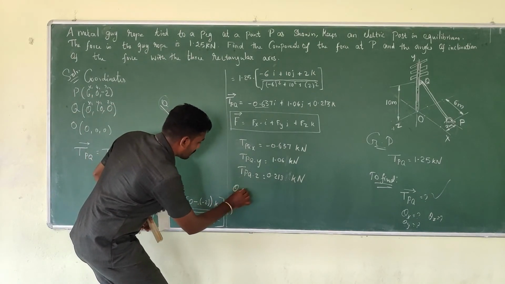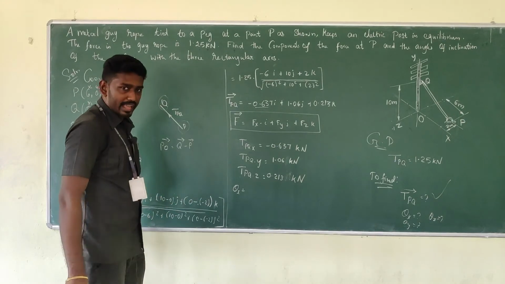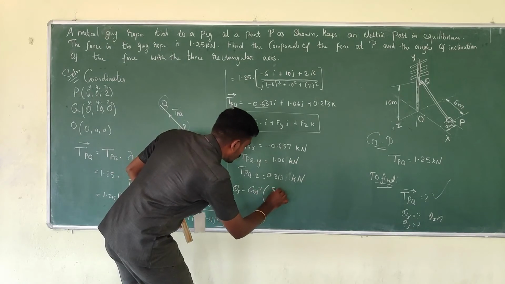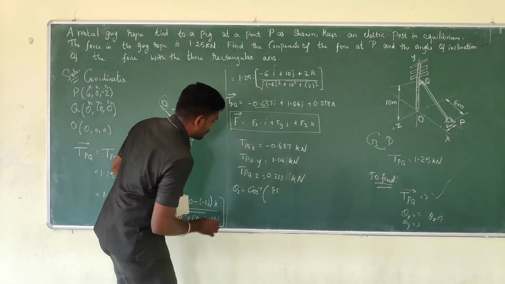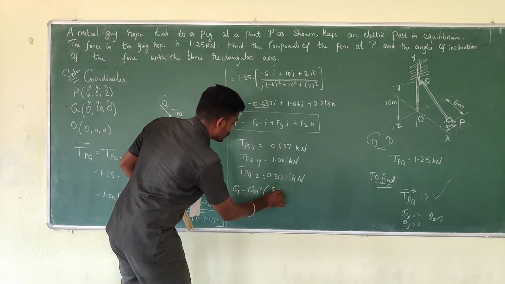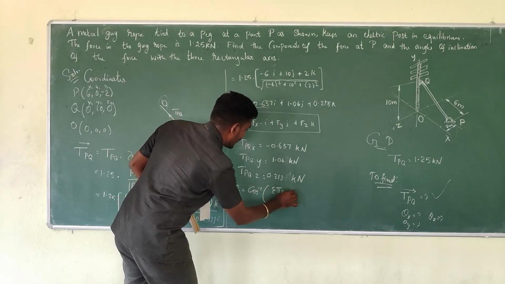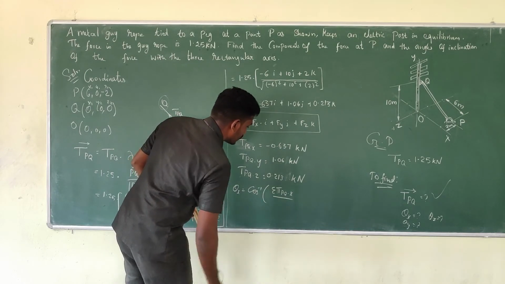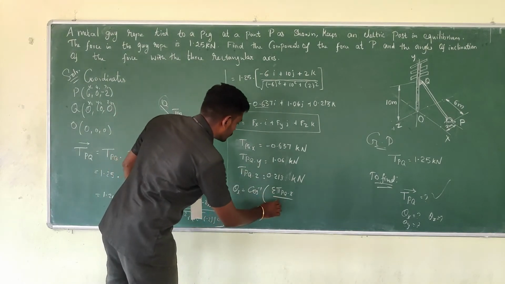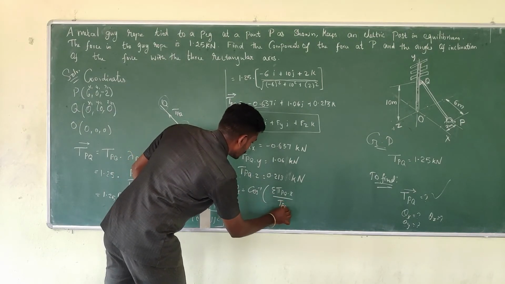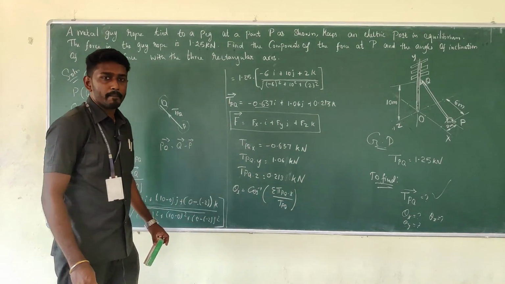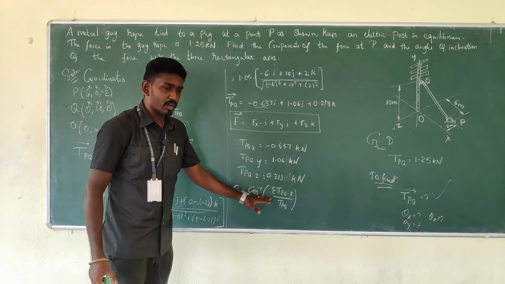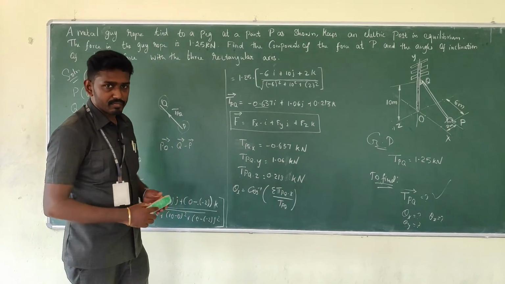So theta x can be calculated as cos inverse of the summation of Fx, that means here TPQ in x direction, divided by the magnitude of the force TPQ, okay. The common formula is summation of Fx divided by F, right.